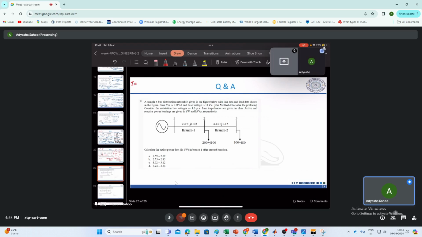So initially P loss, Q loss in both the branches 1, 2 and 2, 3, these are 0.